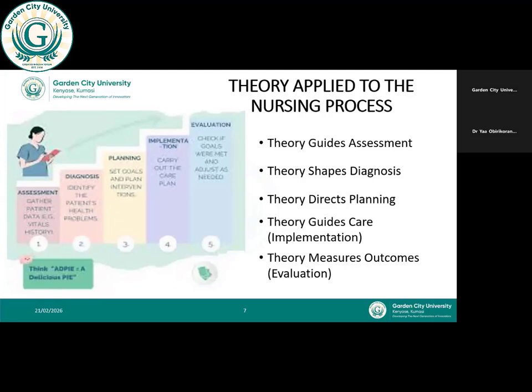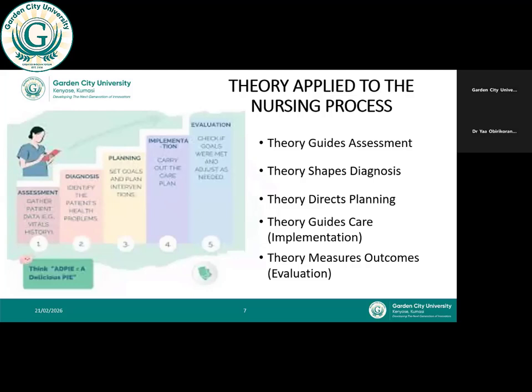And the theory helps you to measure the outcomes because if you pick Orem's theory again, it tells us that if you are able to identify the patient's self-care needs, and then the self-care deficit, and you provide your nursing role, the outcome you are going to see is that you are going to see an improvement in the patient's ability to self-care. Okay, so the patients did not know how to do certain things on their own.